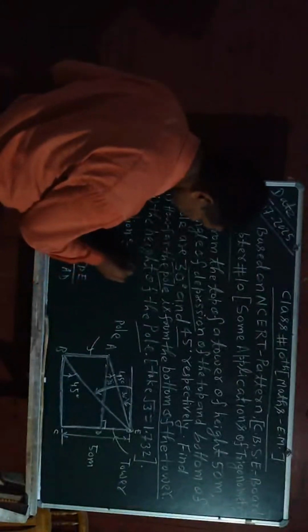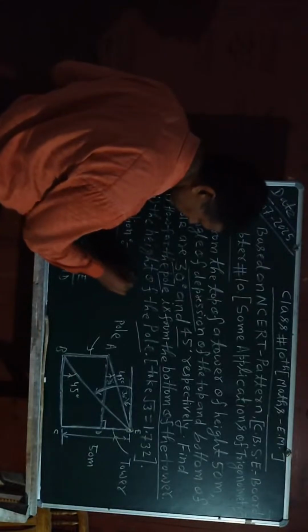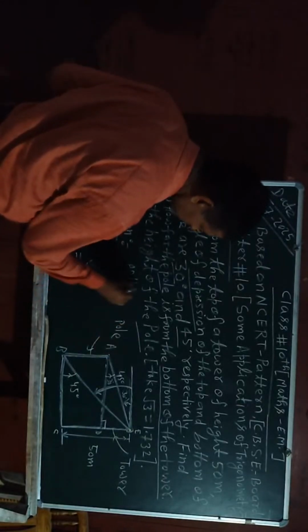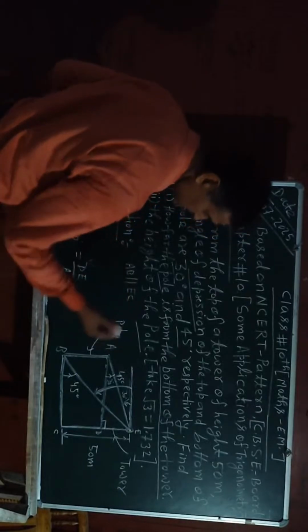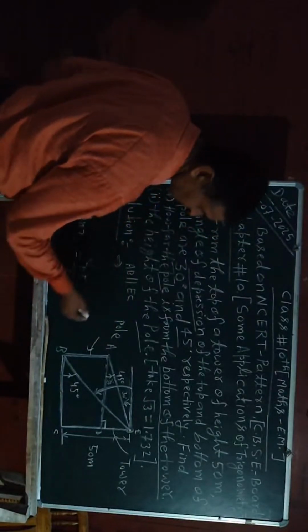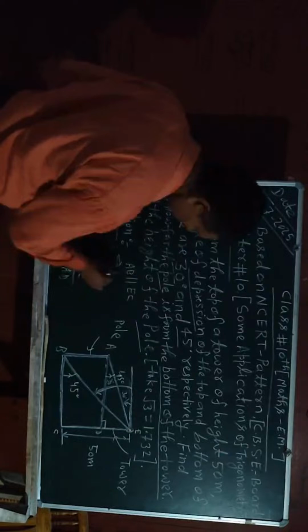Here I am going to say line AB is parallel to EC. Both lines are parallel to each other. It means I can write length AD equals BC, because these lines are parallel to each other, and I will assume it is x meter. So I am going to consider this value x meter.